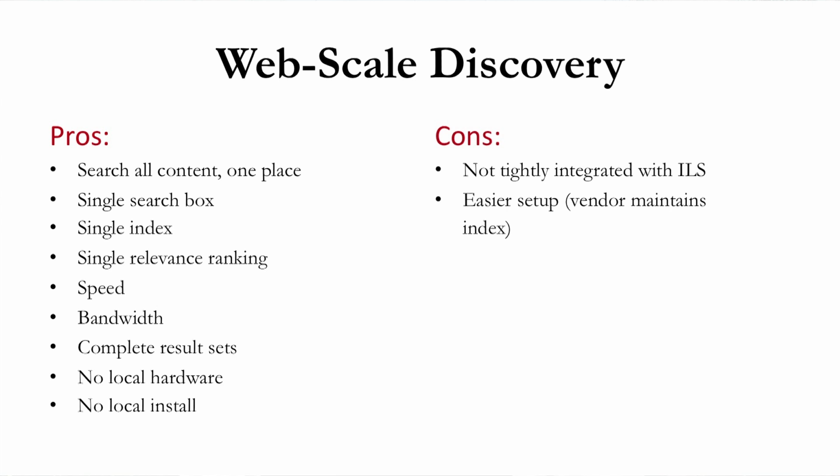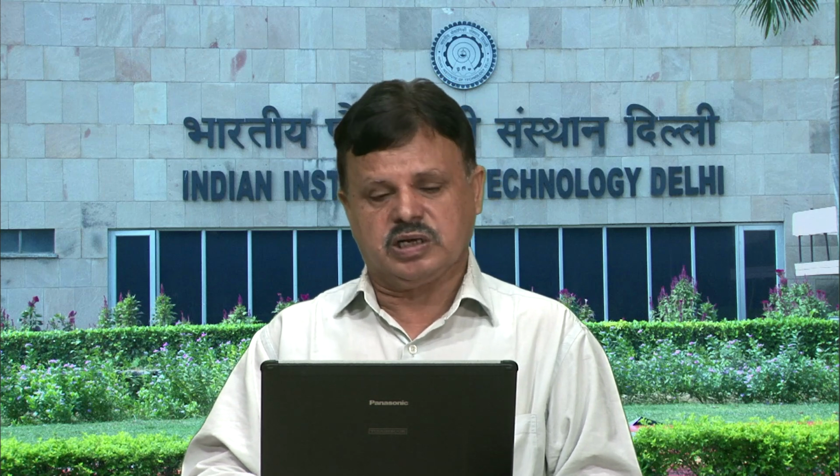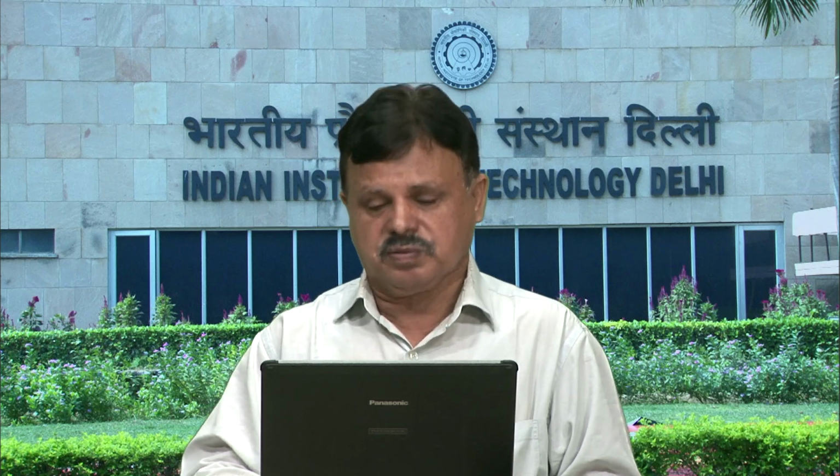So, this is a massive advantage over other traditional discovery systems like catalog, web OPAC or even federated search, where all the resources are integrated at one place and searched through a single index and a single interface, and all the results are generated at one place, across the platform, across the formats.